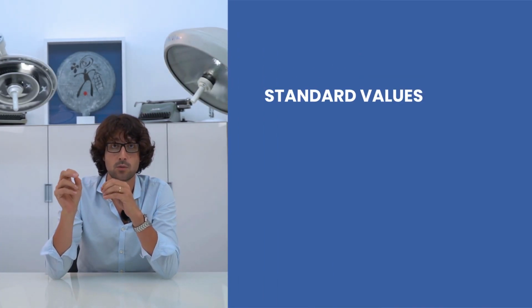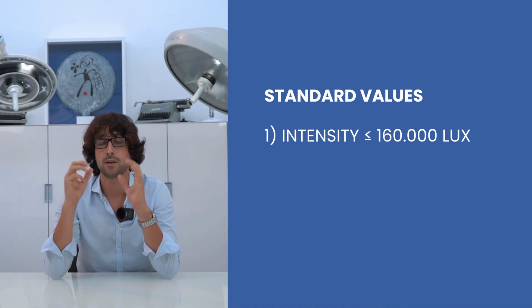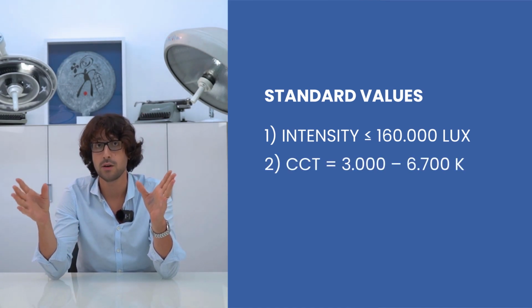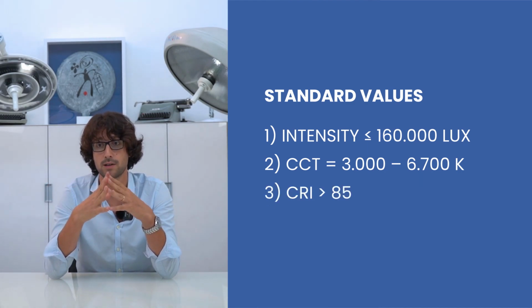This is precisely why the limit values defined by the relevant standards for these three areas appear to be considerably flexible. For instance, the luminous intensity ranges up to 160,000 lux. The color temperature varies between 3000 and 6700 degrees Kelvin, and the color rendering must be above 85 CRI.